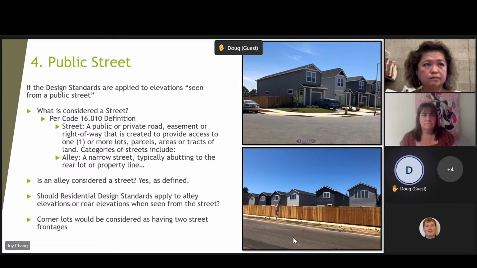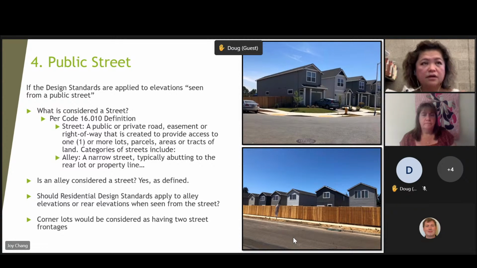But putting that definitional aspect aside, I think the council and myself would strongly agree with the idea that they absolutely should apply to both elevations of a corner lot. Personally, we haven't talked about this at council, but personally, I don't think they should apply to the rear elevation like in the picture below. I think that's a little onerous in my opinion.